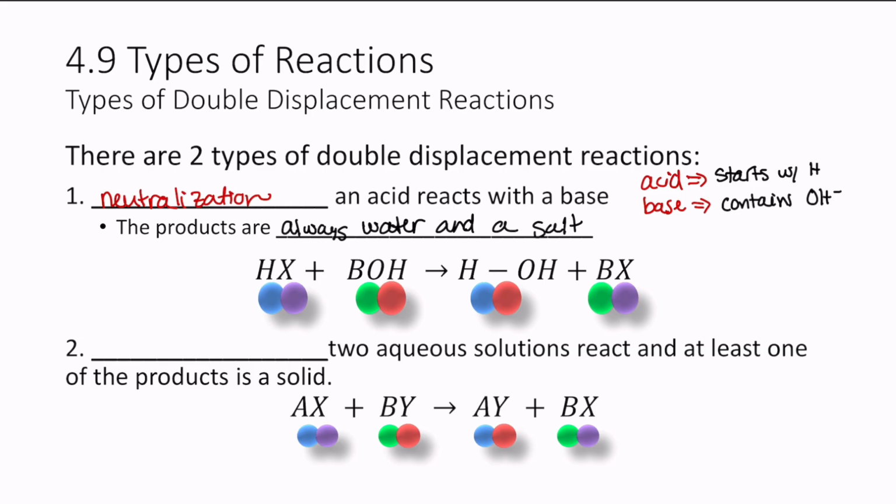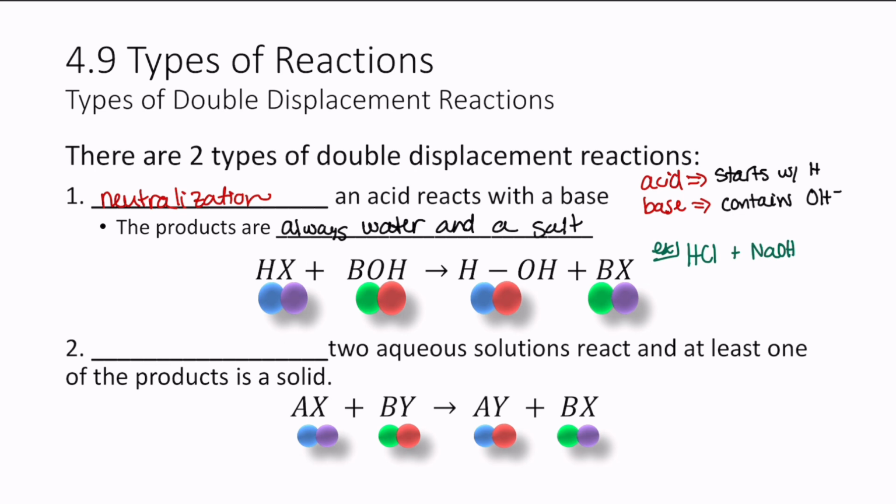Remember, a salt is any ionic compound. So let's look at an example of a neutralization reaction. A very common acid is HCl, and a very common base is NaOH. And in fact, HCl is probably one of the strongest acids that we have, and NaOH is probably one of the strongest bases we have.